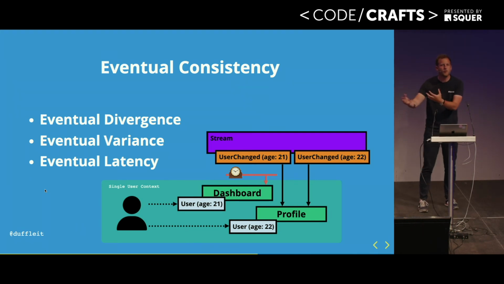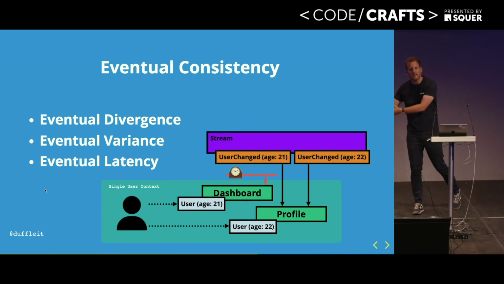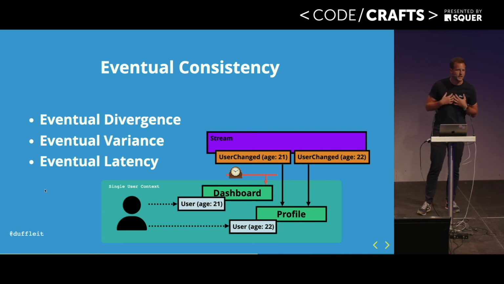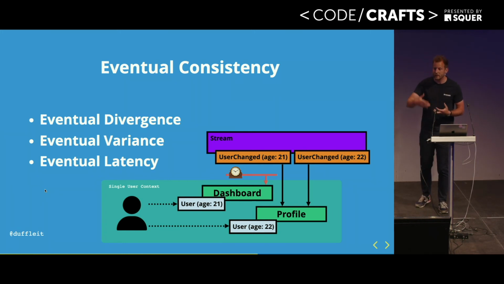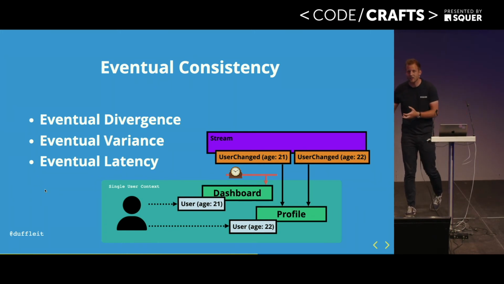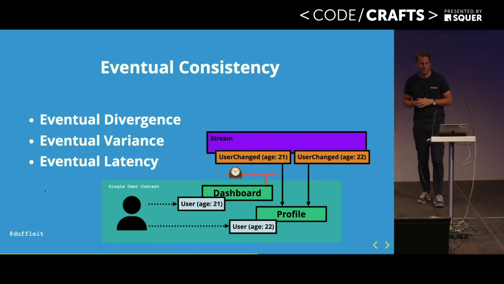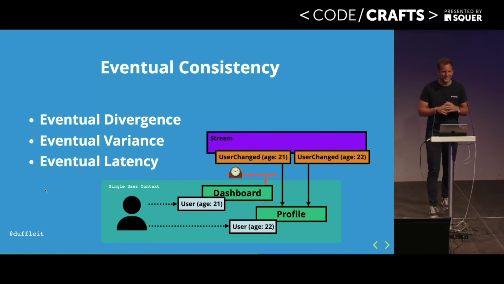Or if I remove something and then it's existing again on some different screen, then that's a problem for me. But if I change my age to 22, and somebody else still sees it on his screen as age 21, then it's usually not such a big problem.